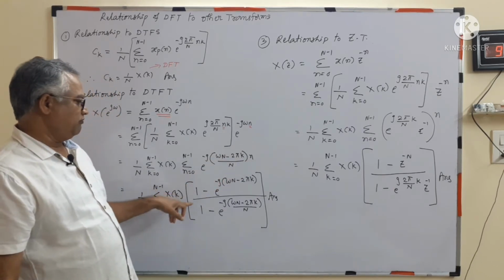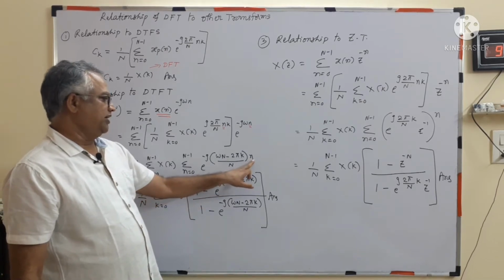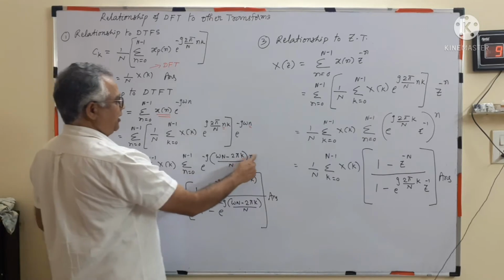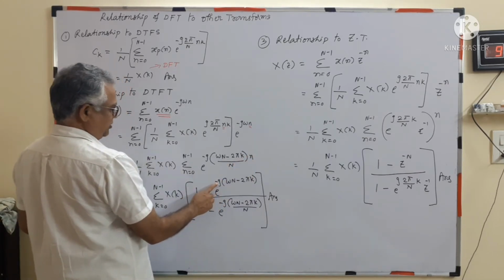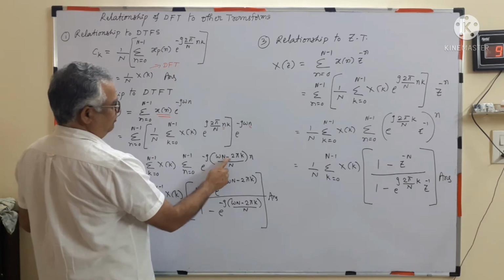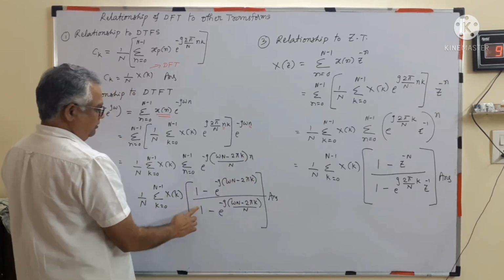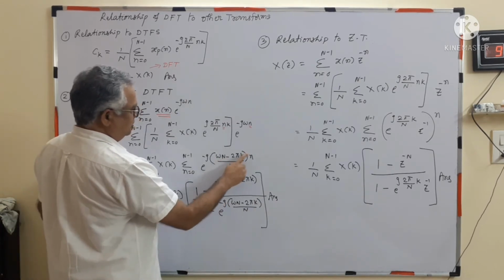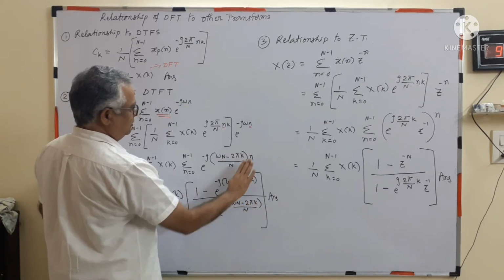What is the formula? 1 minus e power minus j, with the small n replaced by the capital N. So 1 minus e power minus j omega N minus 2 pi k N, divided by 1 minus e power minus j, the same thing, omega minus 2 pi k by N.